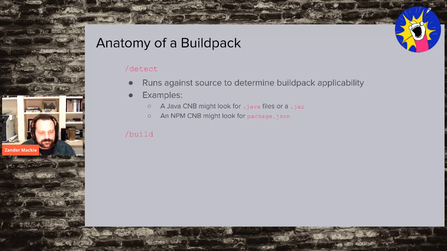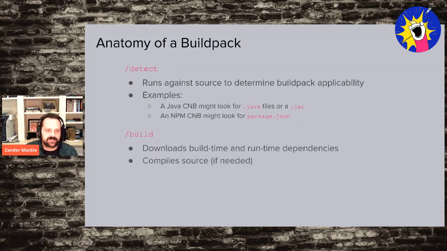At that point, the platform, which in this case is Pack, but there's a few other buildpack platforms, will select the buildpacks that are going to be used for this particular build, and they'll do their work. They'll be executed one after the other. They'll download build and runtime dependencies, Ruby, Ruby gems.